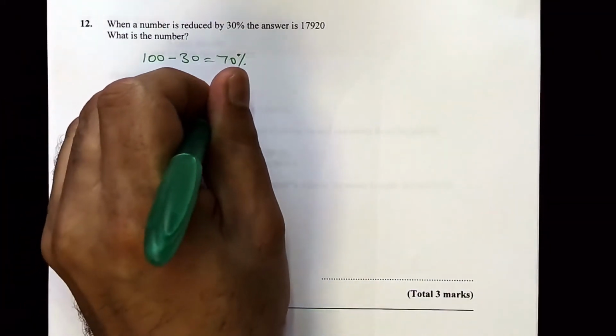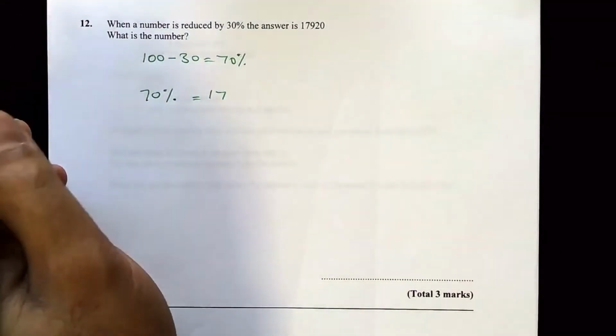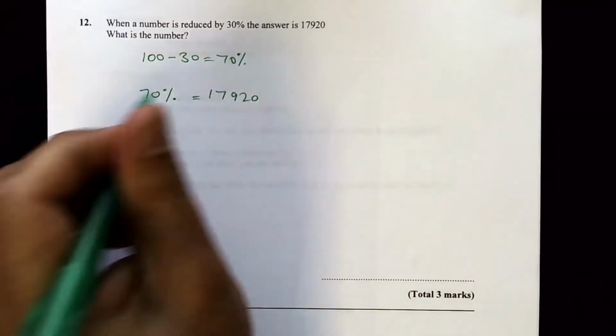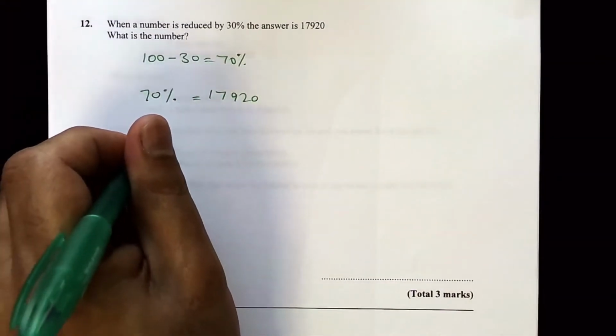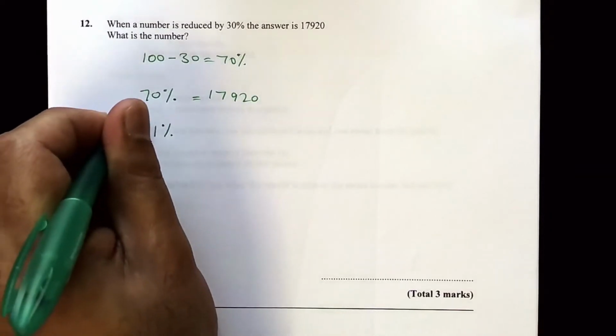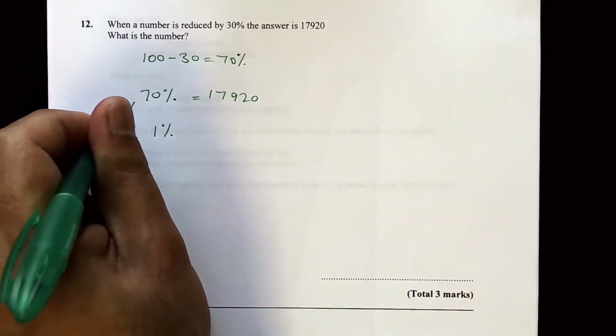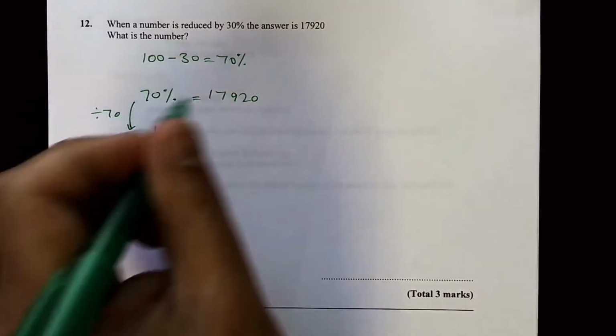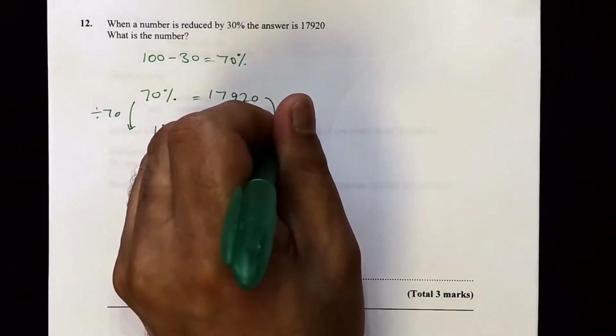equals 17,920. To work out 1%, I'm going to need to divide by 70. So I'm going to divide that by 70 as well.